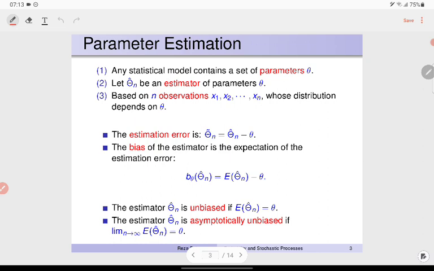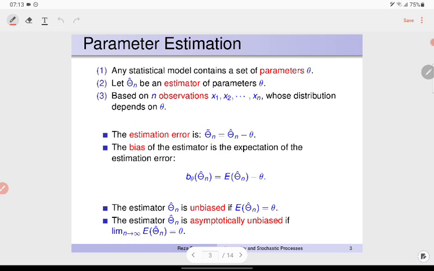And the bias of the estimator is the expectation of the estimation error. So the bias, denoted by b of theta hat n, is equal to the expectation of theta hat n minus theta. This estimator theta hat n will be called unbiased if the expectation is equal to theta, so they are perfectly matched.